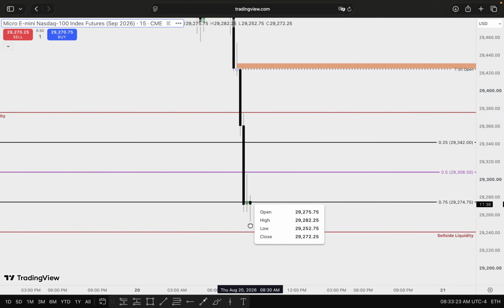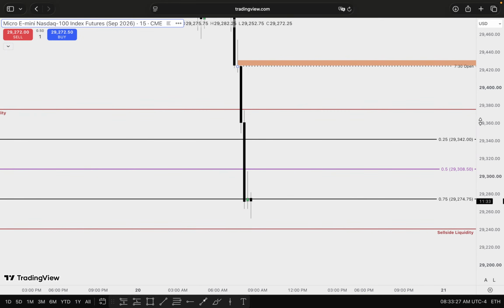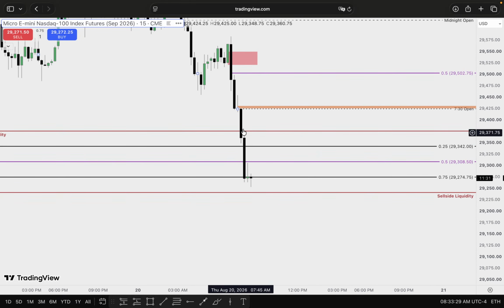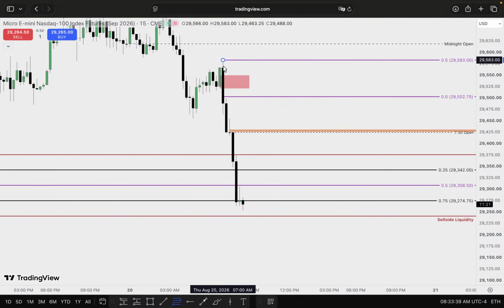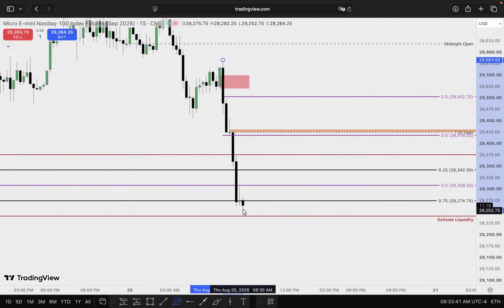Should drop for 830. We could be coming to fill this gap. We have a mini gap. We have this one, this one, this one, and this one. So it could be an extremely bearish day, right? How I'll be looking at this is, if I grab the fib level here, you can see I'll be expecting to trade at least to this key level, which is the 730 opening price.